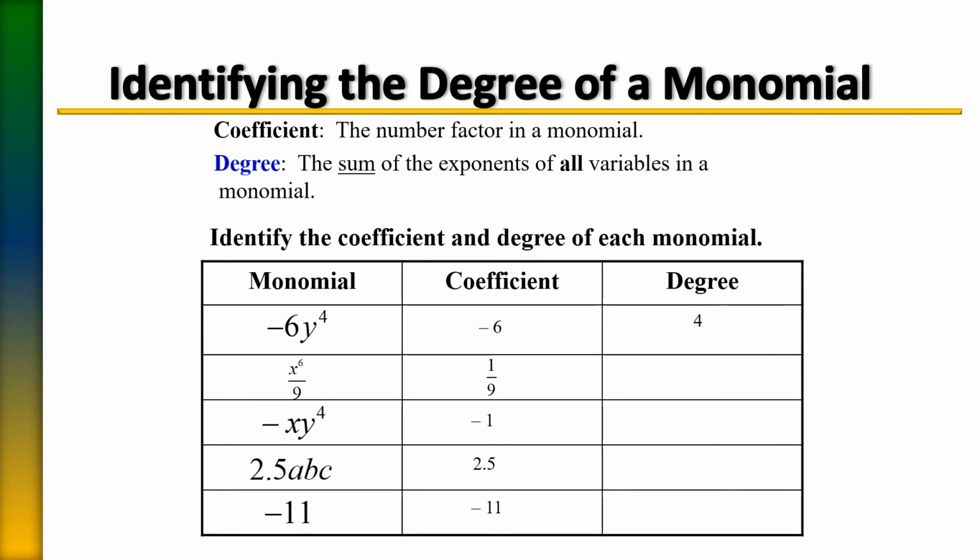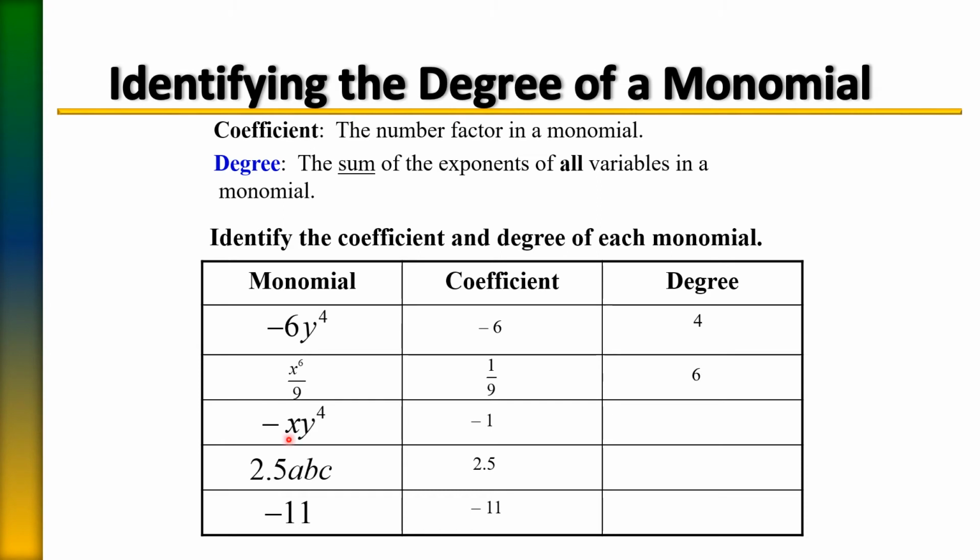Looking at the next term here, we have x raised to the 6th power over 1/9. Recall the coefficient there was 1/9. So the degree is the variable. We only have one variable, and that's x. It is raised to the 6th power, so therefore the degree of that term is 6.